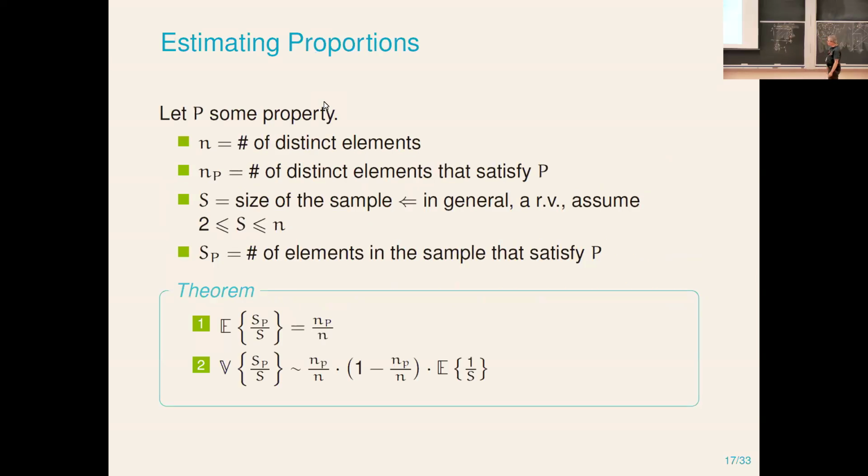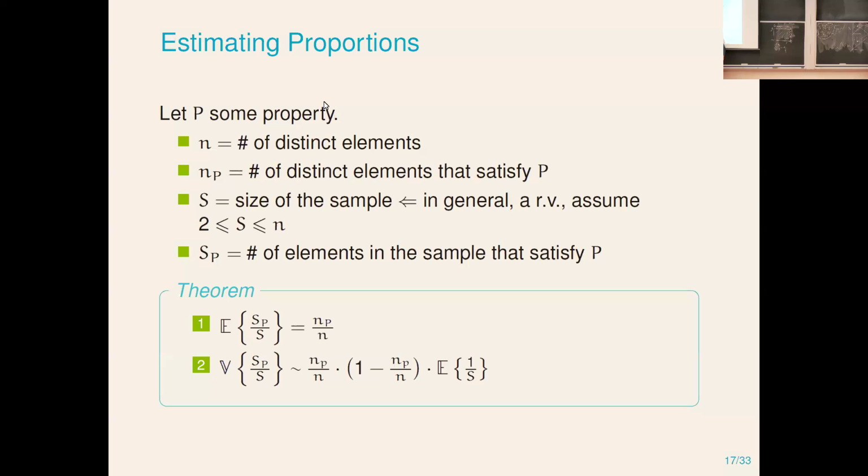Now, intermezzo. I'll use this theorem for the first kind of result that we get. It's basically a folklore result. I have a random sample of size S, and I have some property.